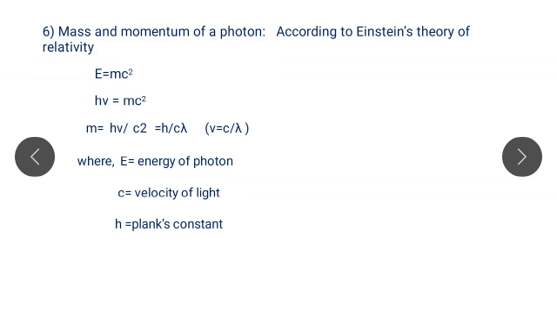Therefore the equation becomes hv equals mc square. Then when we take c square to the left hand side, the equation becomes m equals hv upon c square. But we know that v equals c upon lambda, where lambda means wavelength. When we put that value, we get m equals h upon c lambda. And in this equation, c means velocity of light, and h means Planck's constant.